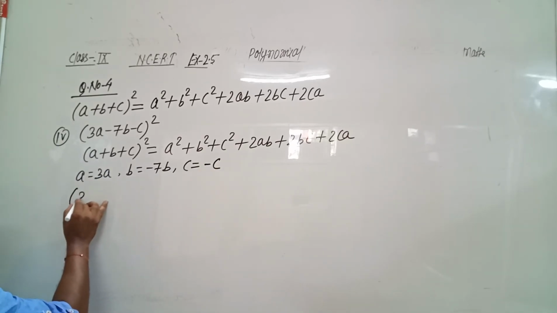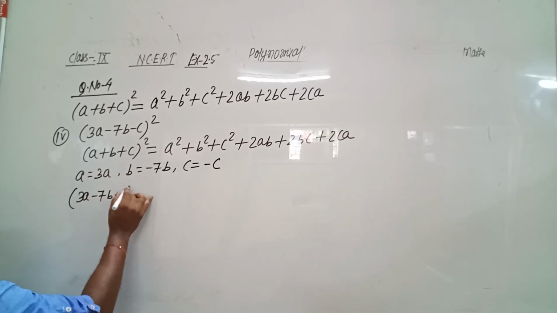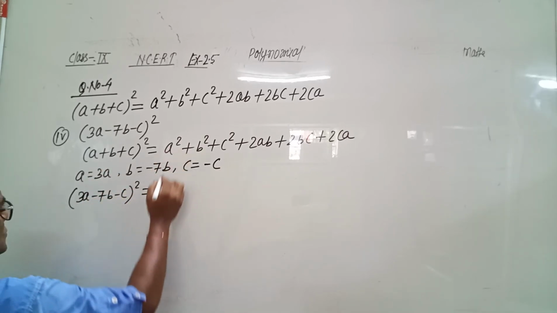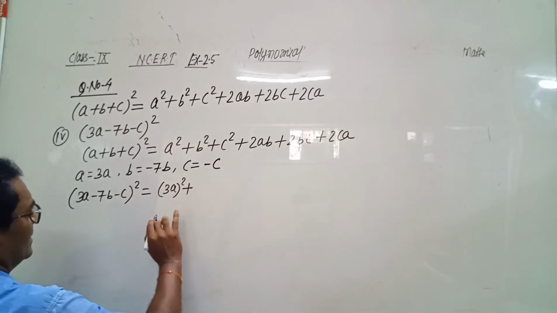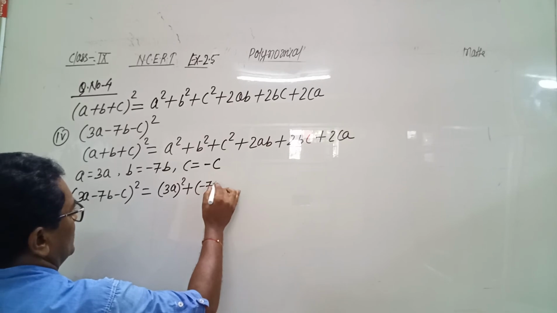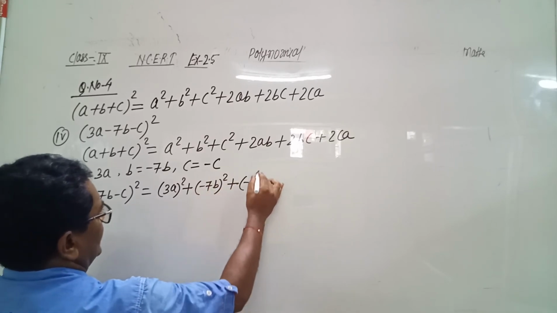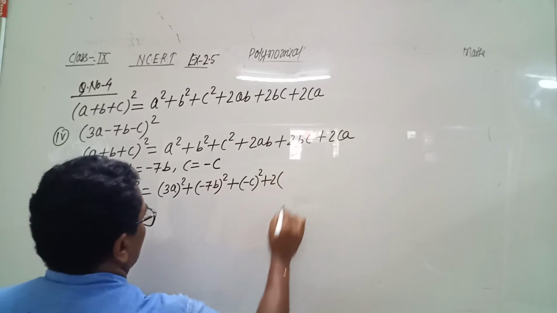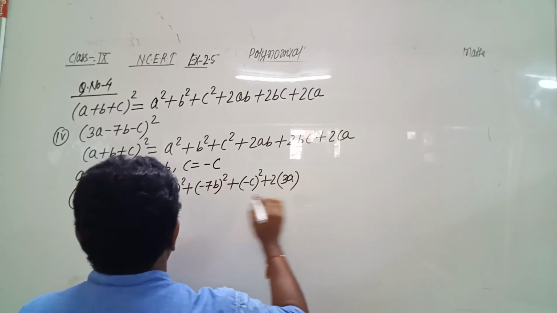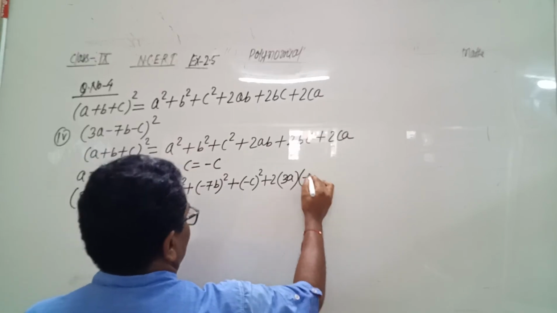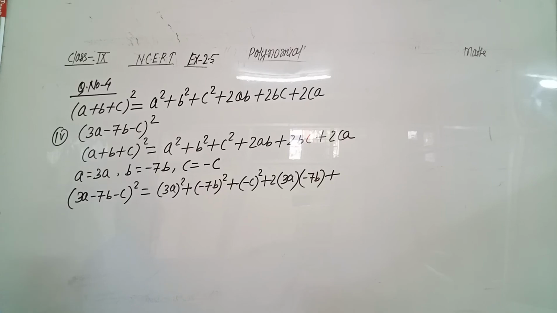So put the values: 3a minus 7b minus c the whole square equals a square, means 3a the whole square, plus b square, minus 7b the whole square, plus minus c the whole square, 2 into a means 3a, and the value of b is minus 7b, plus 2bc.